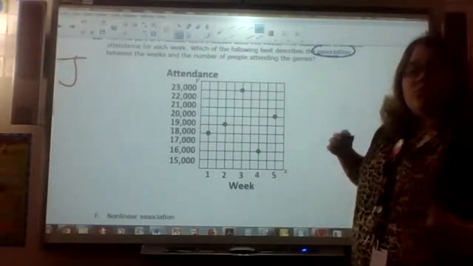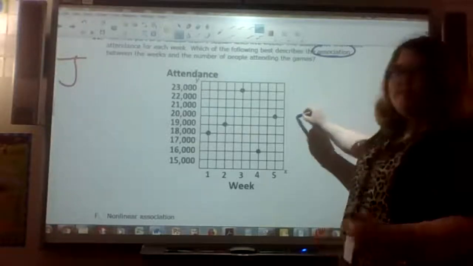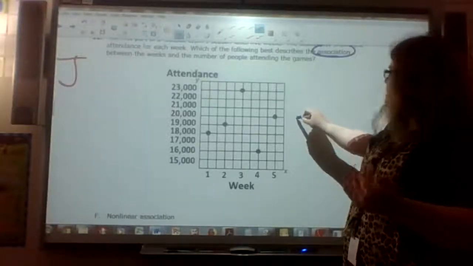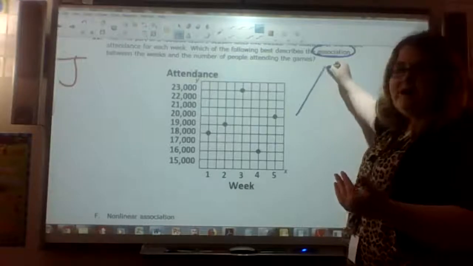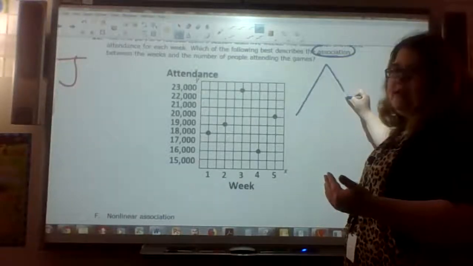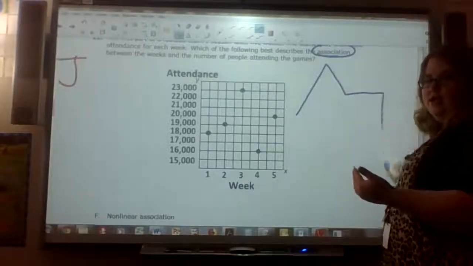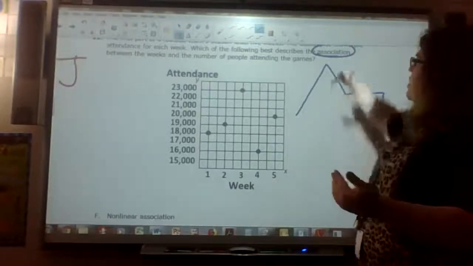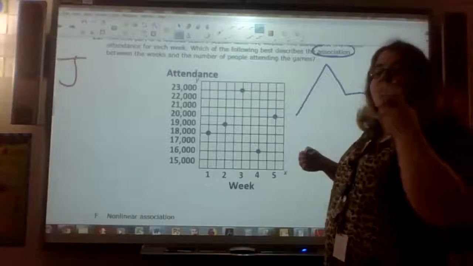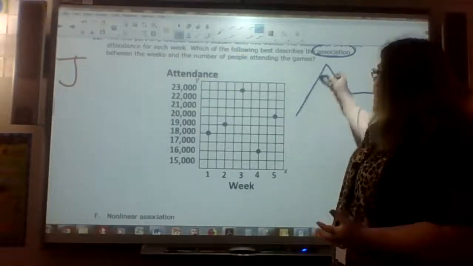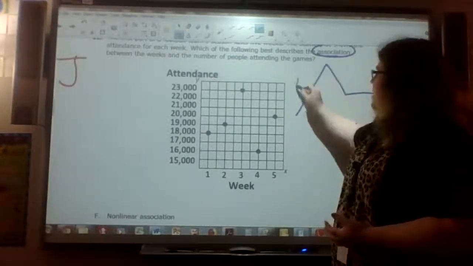association is similar to slope. So if you remember the slope video, the slope dude, he's going puff, puff, puff, positive, nice, negative. This is 0, fun, undefined. So in association, if all the points are going up in an upward pattern, it's positive.